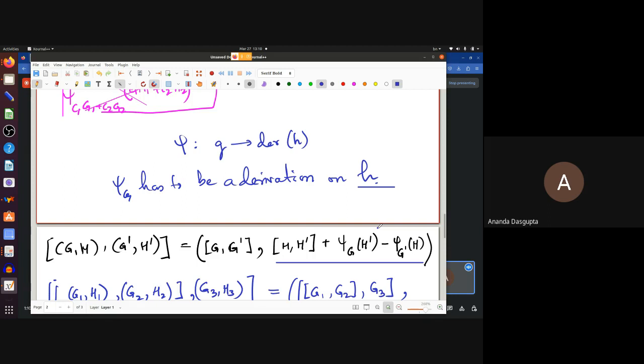But this action is via some kind of automorphism which acts on the second group. So if that automorphism happens to be the identity, then of course a semi-direct product becomes a direct product. Correspondingly, if psi_g turns out to be the null map for all g, that is, psi becomes the null map from G to Der H, then the semi-direct sum of algebras becomes the direct sum of algebras.